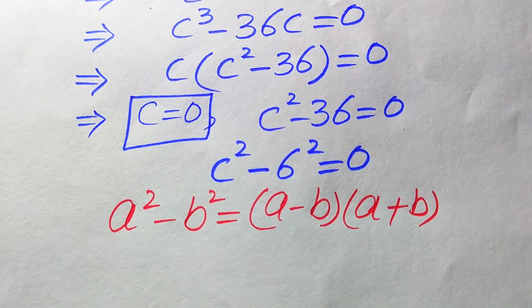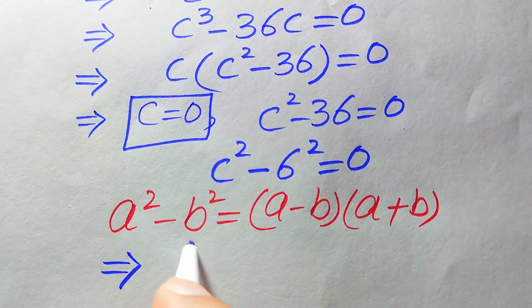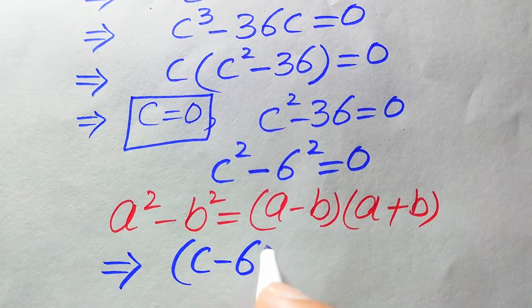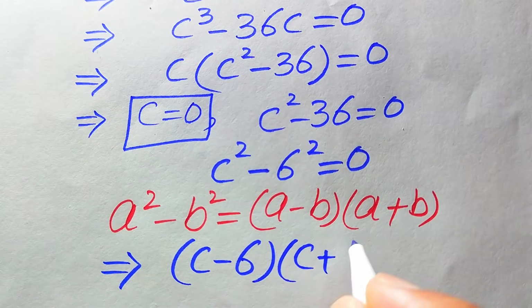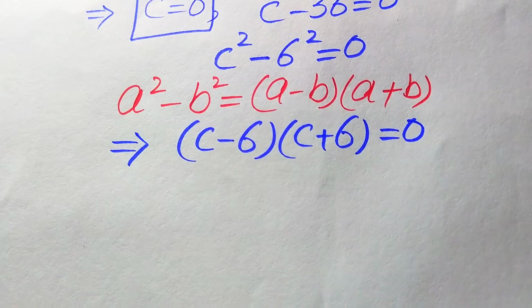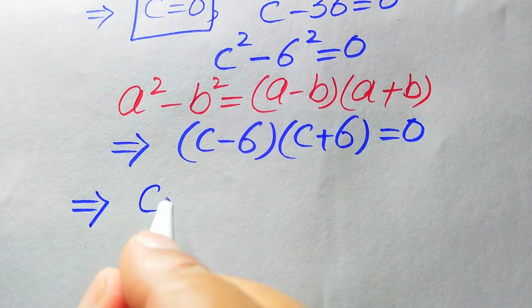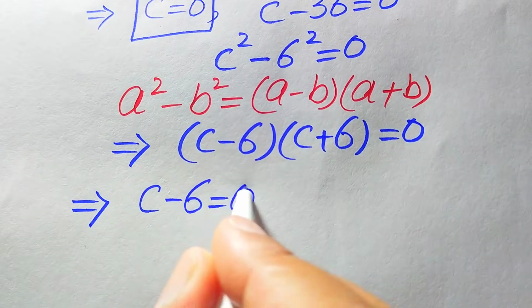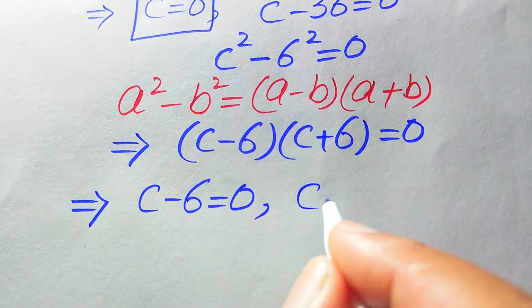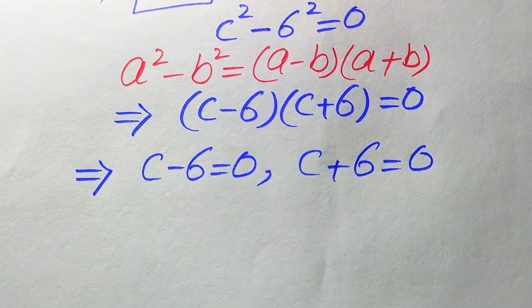So according to this formula we expand the left hand side of the above equation, as c squared minus 6 squared becomes c minus 6 times c plus 6, and this whole equation is equal to 0. Now we divide this equation into two cases. The first case is c minus 6 is equal to 0, and the second case is c plus 6 equals 0.